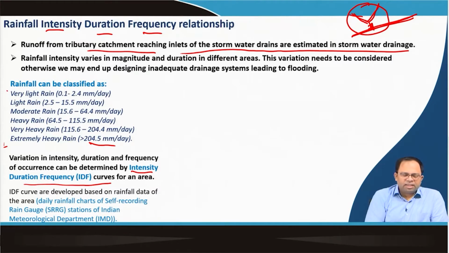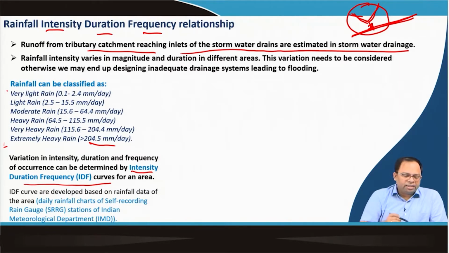IDF curves are developed from rainfall data of that area, for which we use rain gauges to measure the rainfall continuously every day for each station, that is, each rain gauge station that we have in that particular urban area.